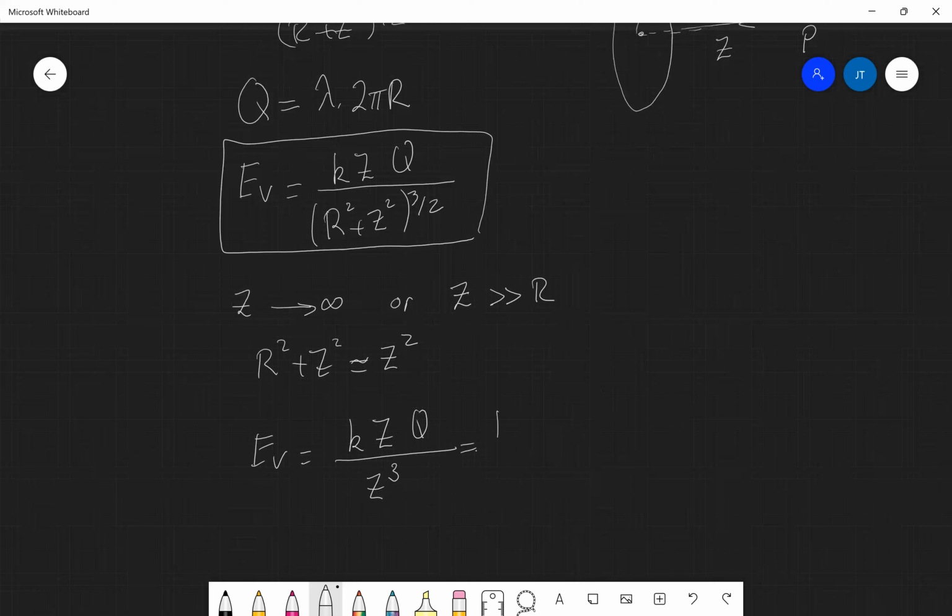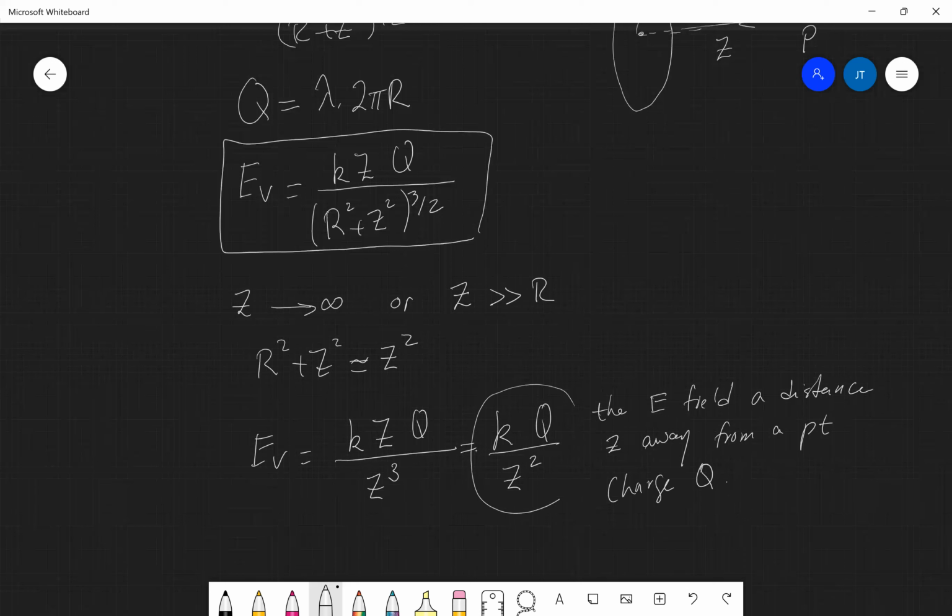These simplify to kQ over z squared, which is the E field a distance z away from a point charge Q. So this one checks out. Most likely this one is a good answer.